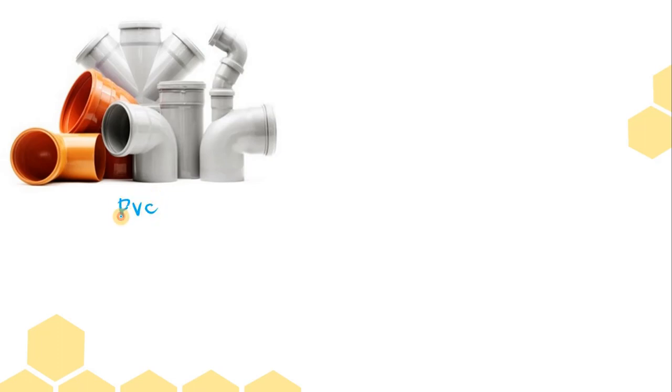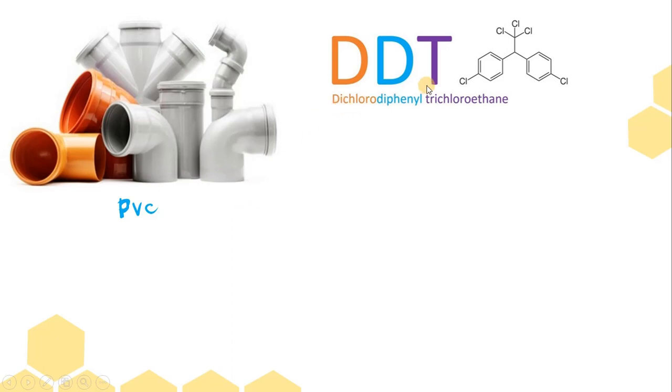PVC. This is a common material that you can see at home, one of the pipes at home. It has chlorine, polyvinyl chloride. Then DDT, dichlorodiphenyltrichloroethane: two chloro, two phenyl, and three chlorine, trichloro, then ethane.